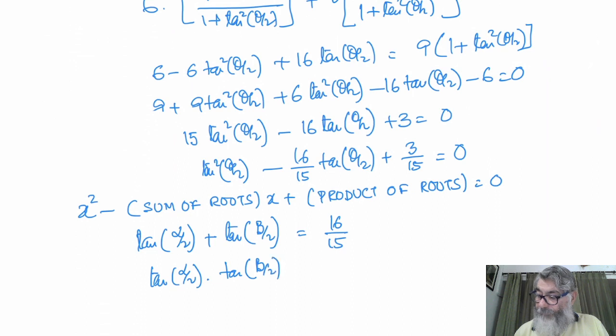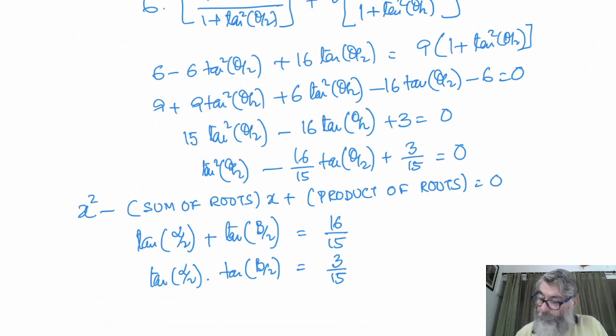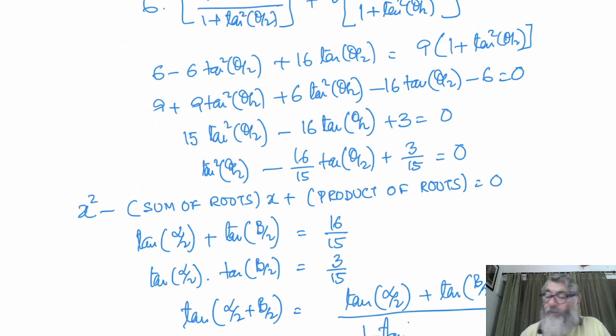We know one thing for sure, that tan of (alpha by 2 plus beta by 2) is (tan a plus tan b) upon (1 minus tan a tan b).